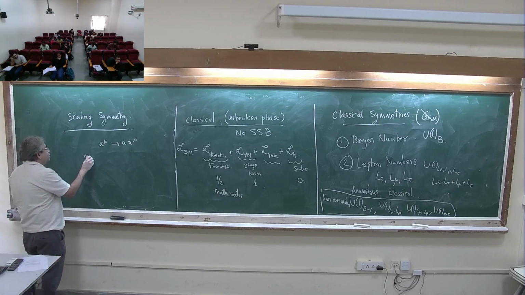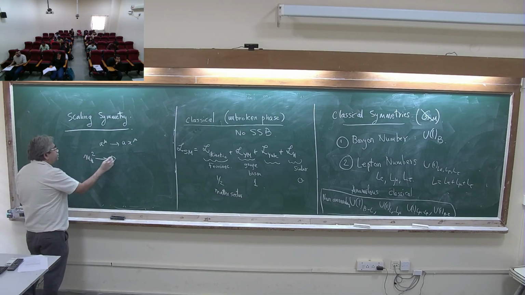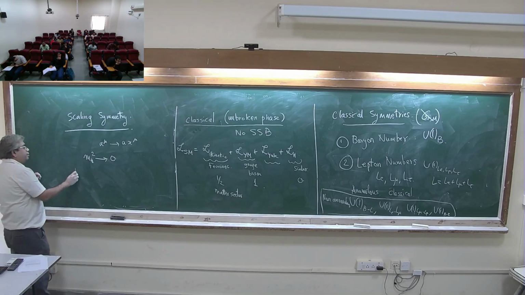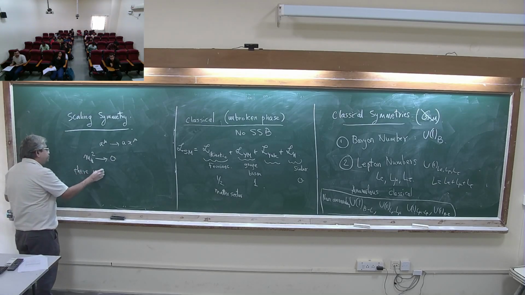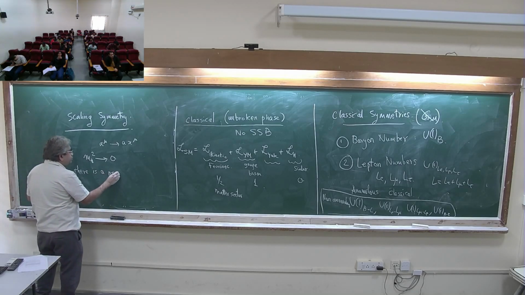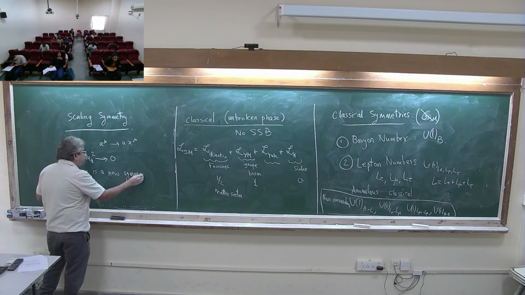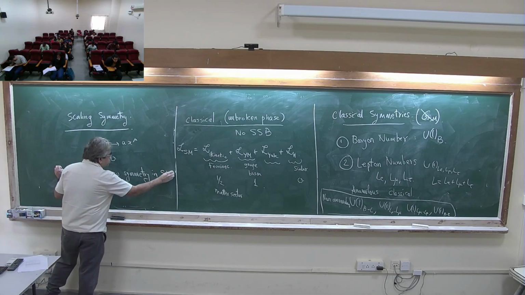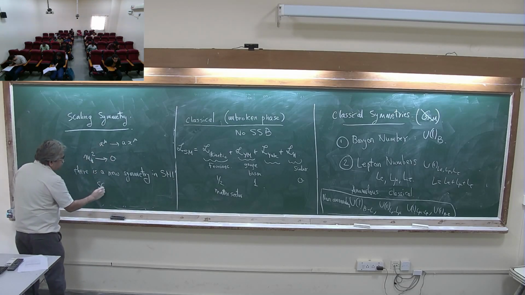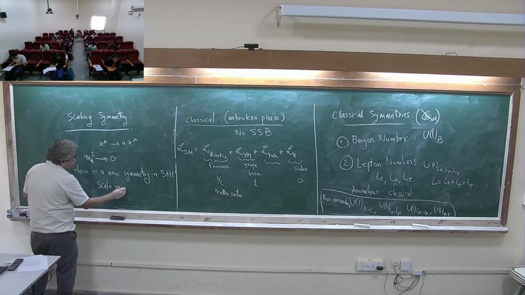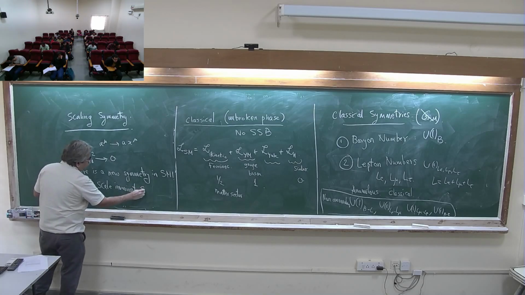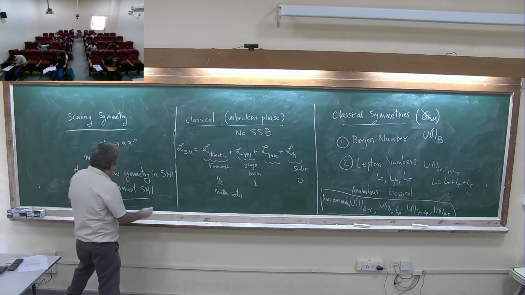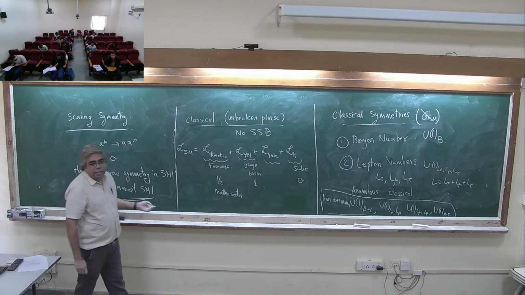It's very interesting that with the mass equal to 0, there is a new symmetry in the standard model. So you can always have scaling symmetries.